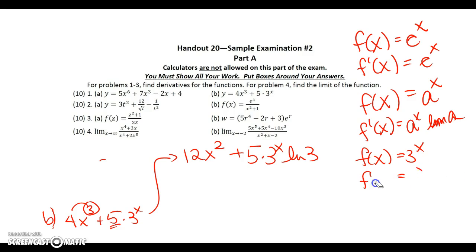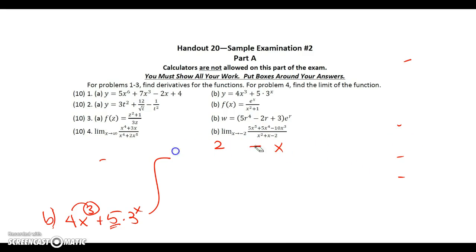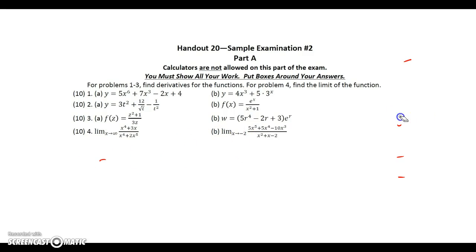Alright? Okay, let's get rid of this for a second. We're going to get into the power, quotient rules and product rules. But first we have one, if we look at 2a, y equals 3t squared.